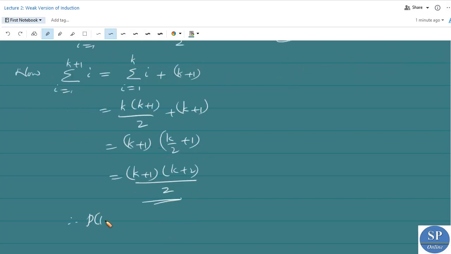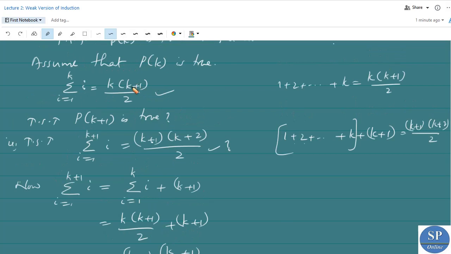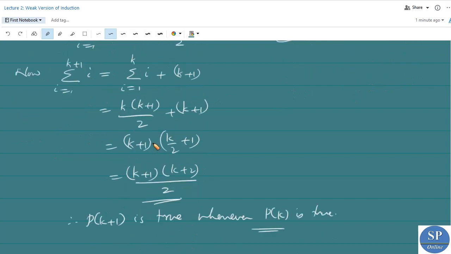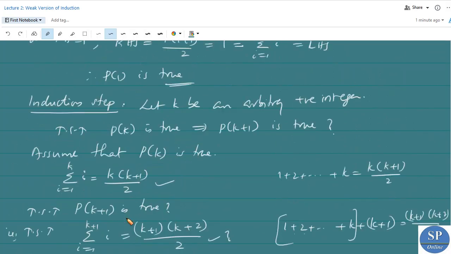Therefore P of k plus 1 is true whenever P of k is true. So we have shown that if this is true, then this is true. That is, if P of k is true, then P of k plus 1 is also true, and from the first step we obtained that P of 1 is true.